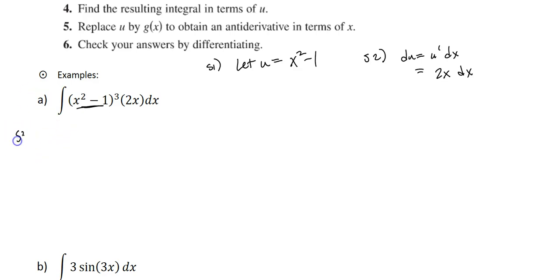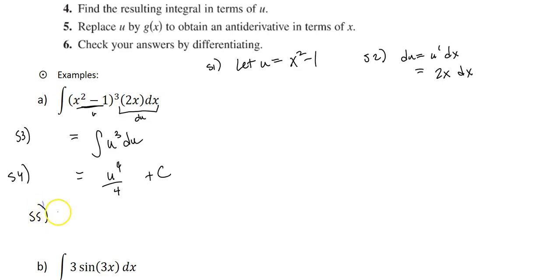Okay, so for step 3, I'm going to rewrite my integral. Notice that I have du here. This is u, so this is going to be the integral of u cubed du. This is easy to integrate. This will be u to the 4th over 4 plus c.